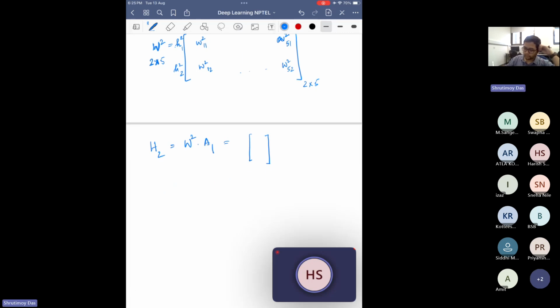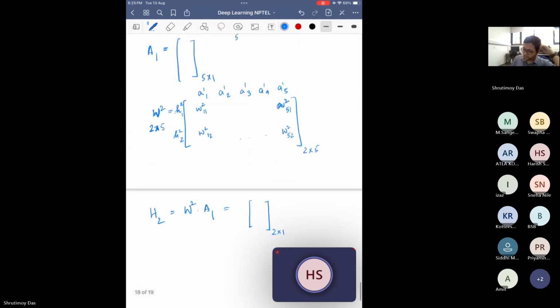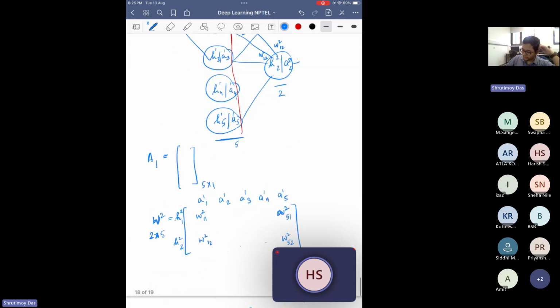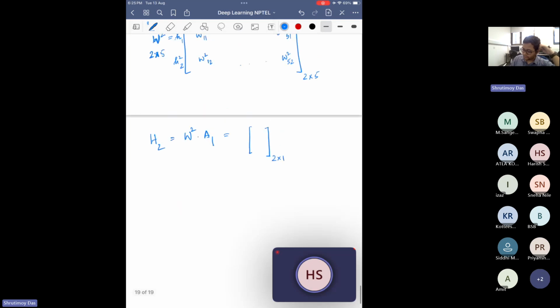We're multiplying a 2 cross 5 matrix with a 5 cross 1 vector, and H2 becomes a 2 cross 1 vector. Now we get the outputs. Suppose we get the outputs as H2.